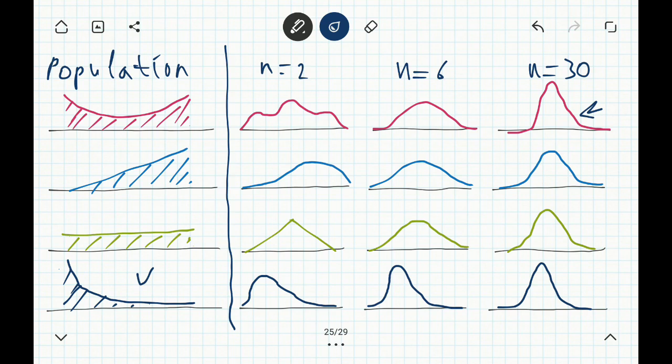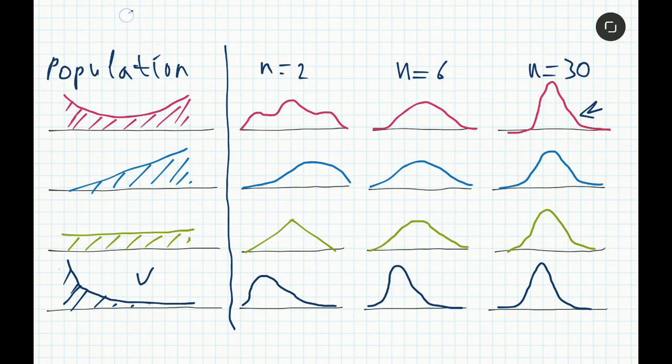And the sample size of 30 is almost always enough to get almost a normal distribution. That's called central limit theorem. So let me put it here. So central limit theorem.